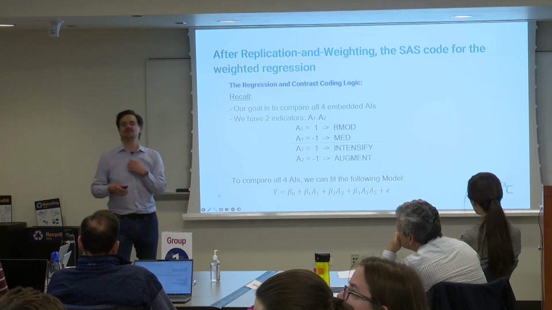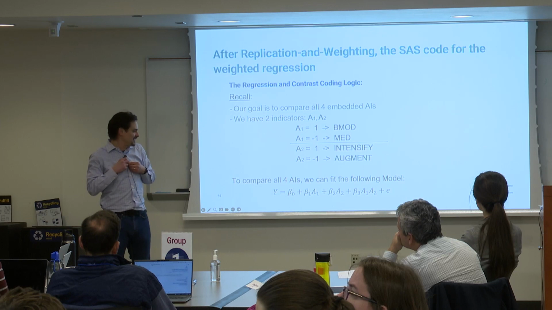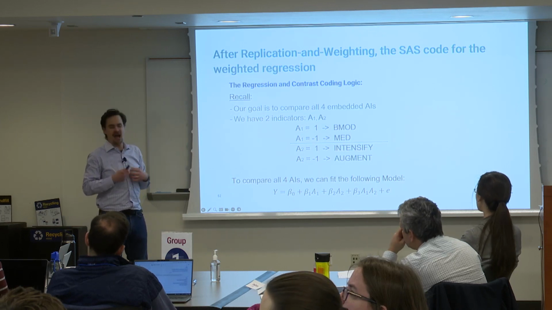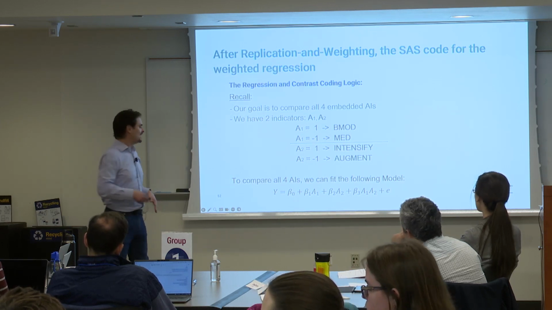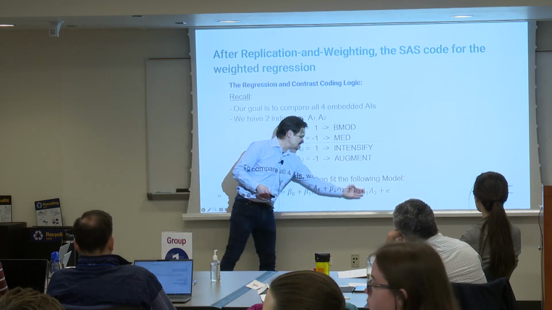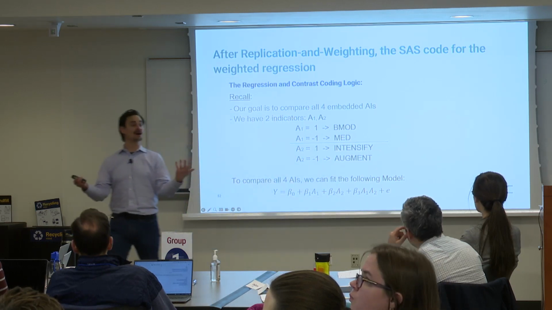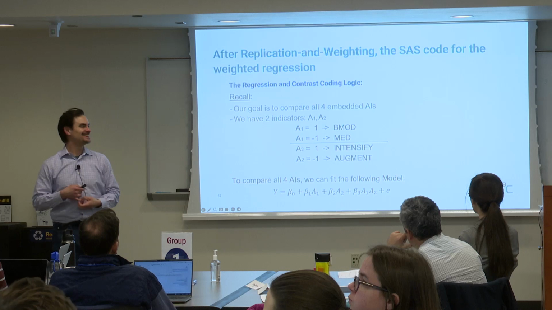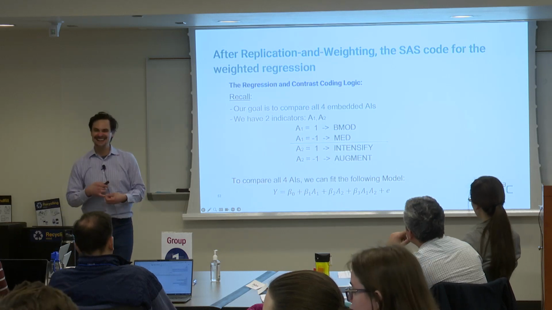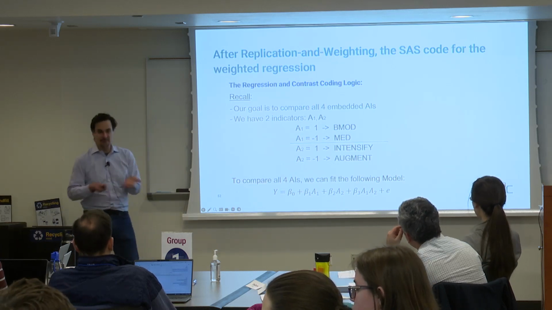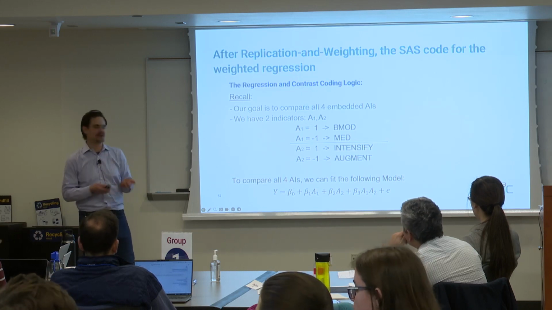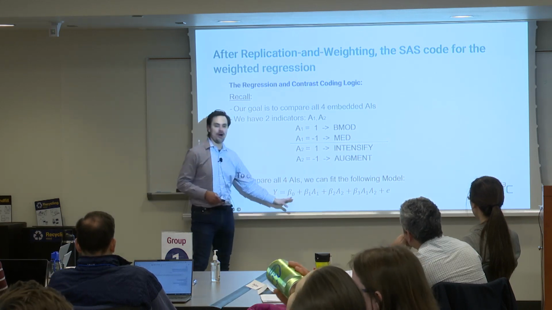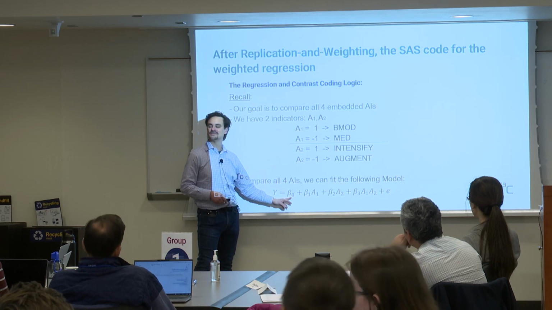The other way, for those of you that are like me, that I always have to go back to low-level thinking. The reason there's 4 parameters is because there's 4 adaptive interventions. Right? That's how I think. I'm getting my 4 means out of this regression. Beta 0 is just the overall mean school performance.